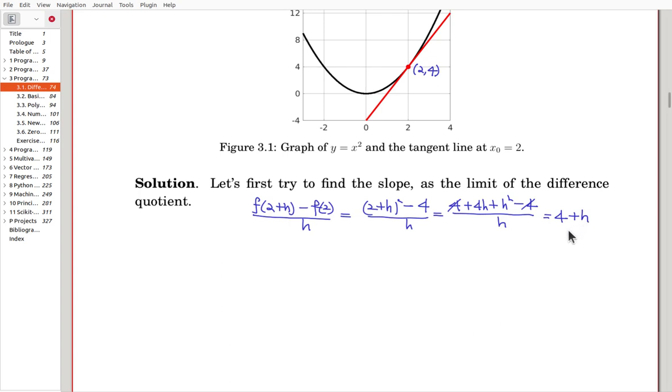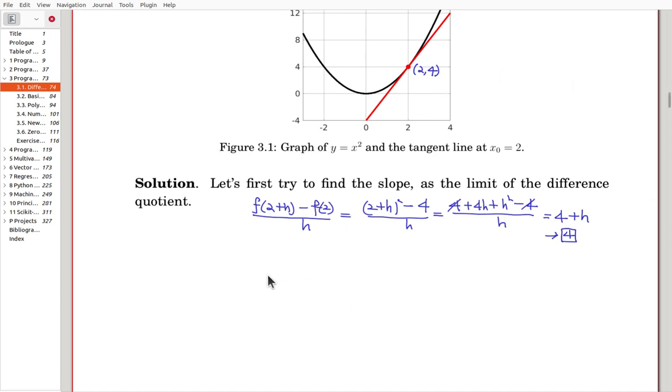Once h becomes smaller, this value will approach 4. So that must be the slope of this tangent line. Okay? So here we have the slope and the point.